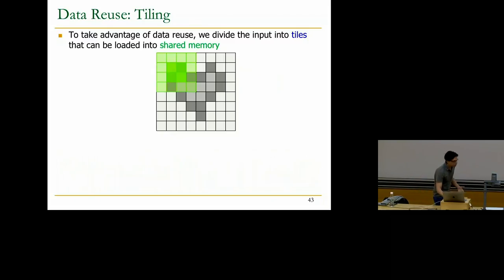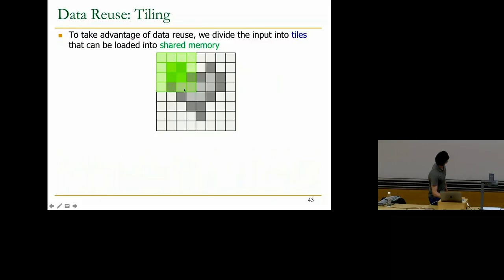For example, if we are using thread blocks of 4 times 4 threads, we will load all these tiles here, because all these are the image pixels that are going to be accessed by the threads calculating the result of the Gaussian filtering for these pixels here. And maybe this one, for example, is only going to be used by the thread working here, or this one is going to be used only by the thread working here.